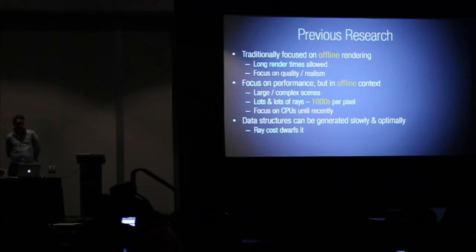And often you start considering things like distributed computing or making a very, very long render time slightly less long. So there's been a lot of valuable work, but it's kind of biased to something that was already very, very slow. It means that the data structures that you're able to work with can often be generated quite slowly and optimally because you're going to cast so many rays that it's not really worth worrying about.